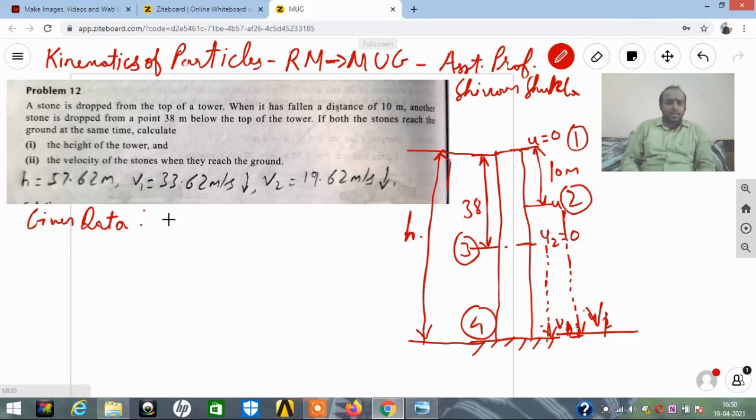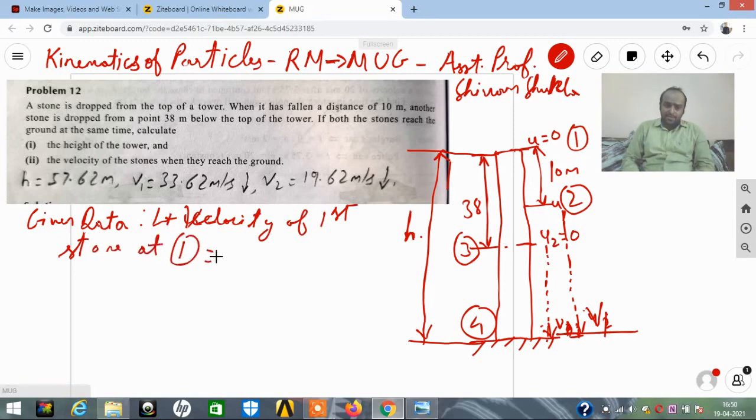Given data. Velocity of the first stone at position 1 is u is equal to 0.